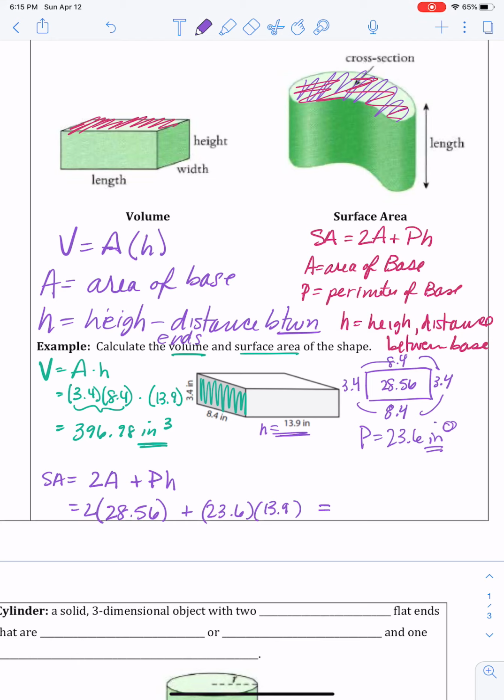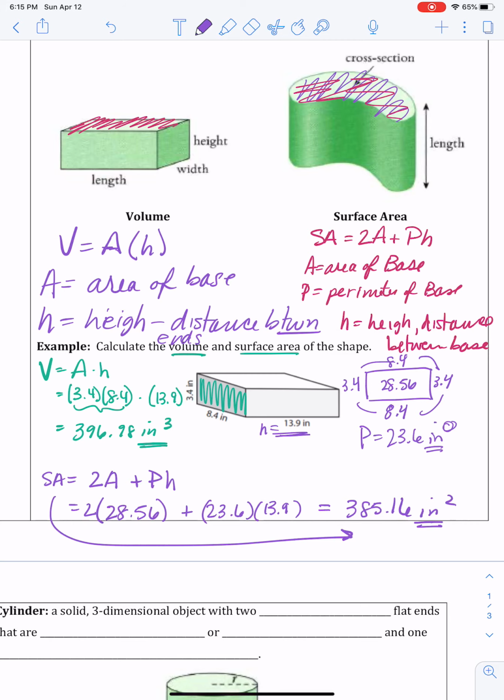When you multiply all those numbers together, we get .16 inches squared. Because it has to do with area, that's why we have a squared measurement. All right.